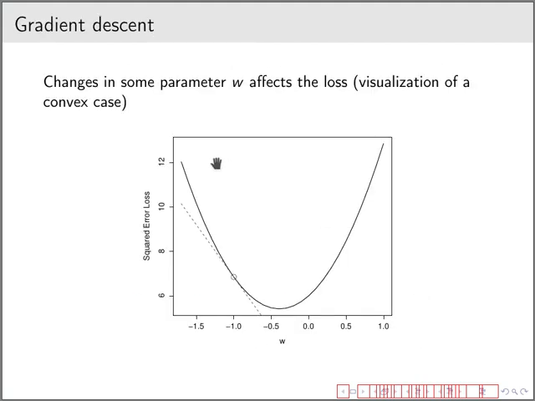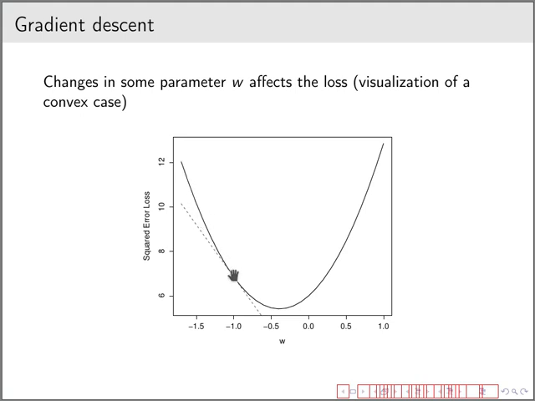So let's say we have a parameter w, and let's say I know the loss function, all values of the loss for every choice of parameter w. This is kind of an impossible scenario, so I'm just showing it for visualization.